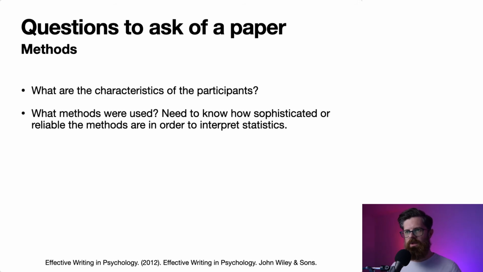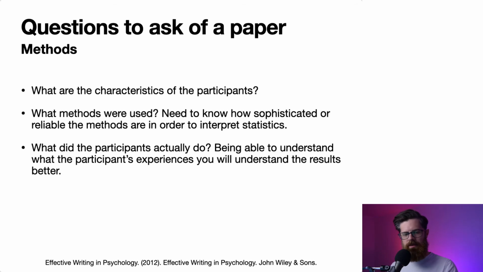But if you can know what the methods are, you can get a sense of what the experiment or what the research was like for a participant, and that can often help you think about a study and whether it was done robustly, or if questions were perhaps posed to people in a way that might have been interpreted in a confusing manner, for example.